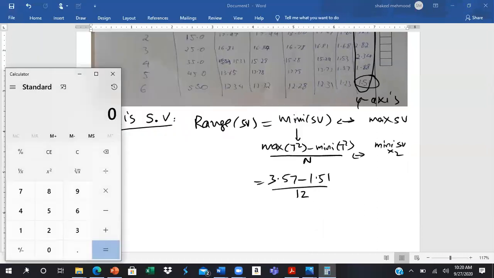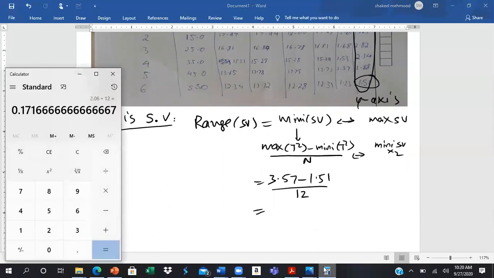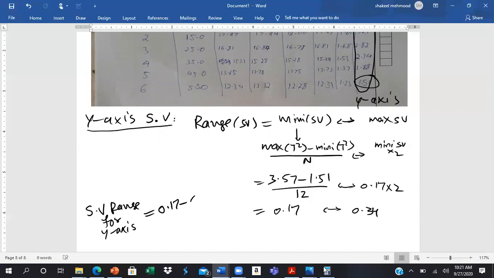So it is 3.57 minus 1.51 divided by 12. Your answer is coming out to be 0.17. And then it is 0.17 into 2, so obviously 0.34. So your scale value range for y-axis is 0.17 to 0.34.